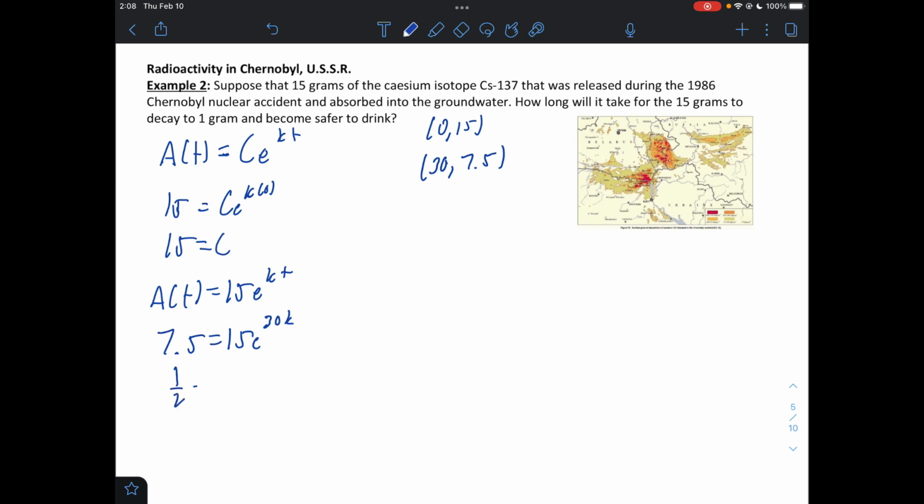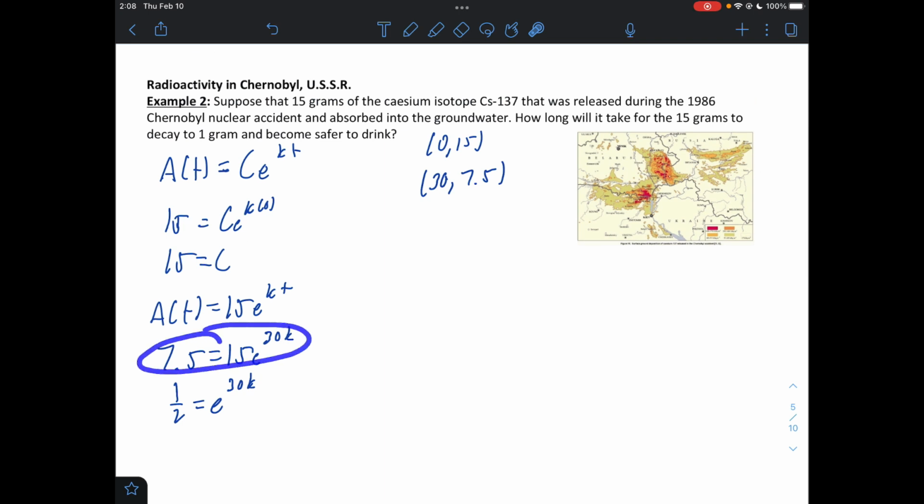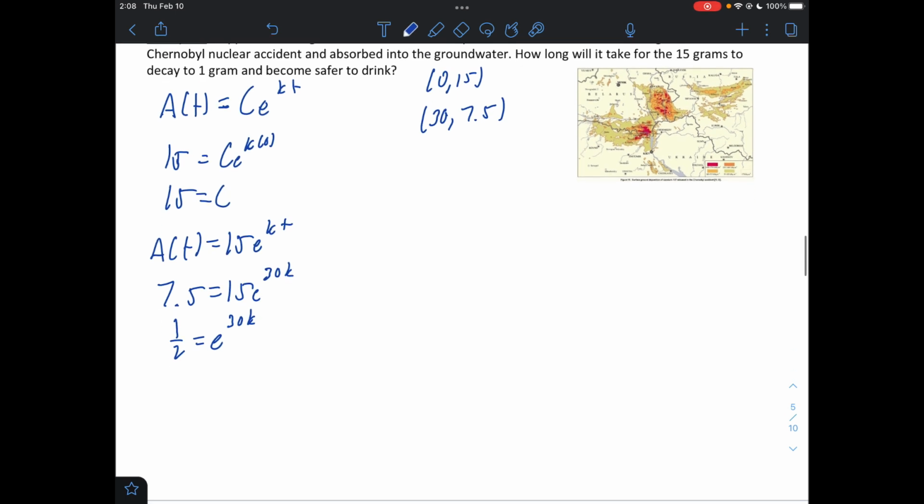So 1/2 equals e to the 30k. And really, we don't even need this. If it's half-life, we know that the amount's going to be half of the original amount, and that t value would be 30. All right, so solving this for k, we would get ln 1/2 equals 30k, and then 1/30th ln 1/2 equals k.